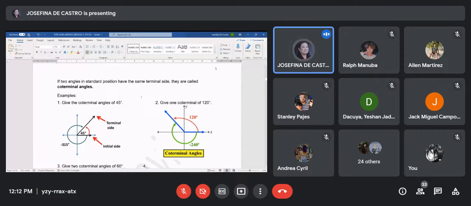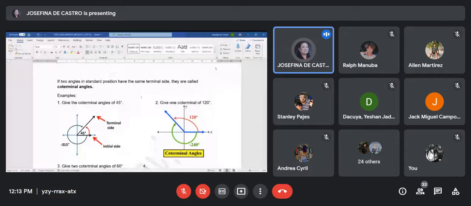Sa isang given, marami siyang coterminals. Infinite ang kanyang coterminal angles. So that's why when we're giving the coterminal angles, ang ibinibigay lang natin ay nearest positive coterminal angle and the nearest negative coterminal angle.